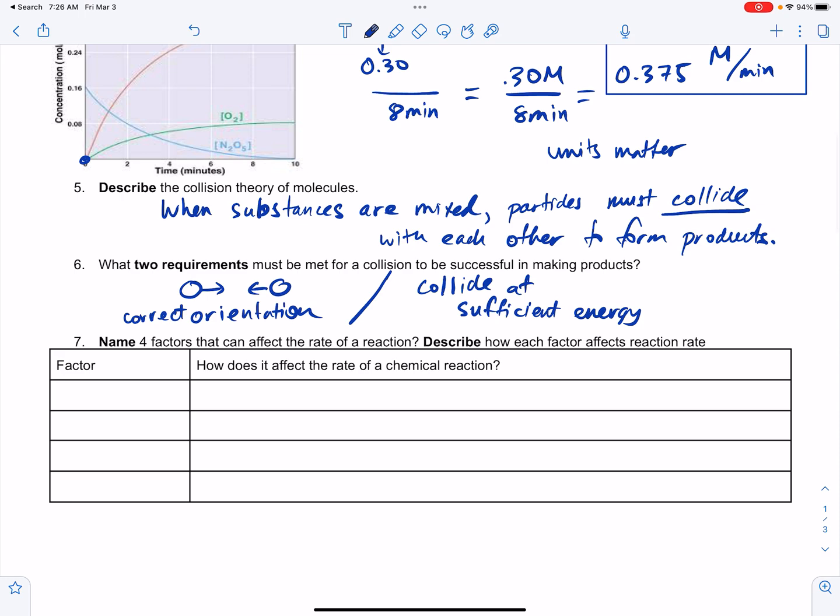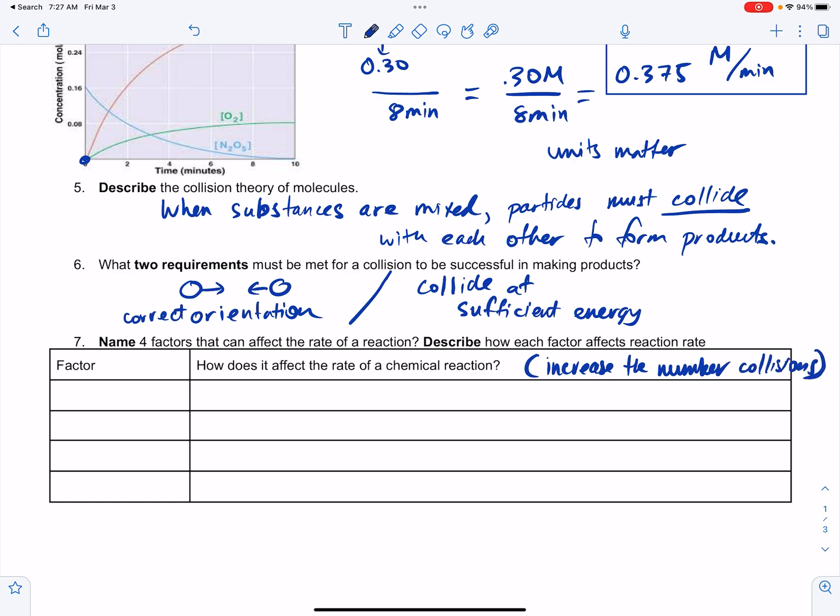Name 4 factors that affect the rate of a reaction. Describe how each factor affects the reaction rate. The goal for all of these is to increase the number of collisions and the strength of collisions.